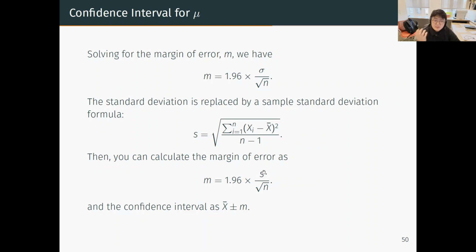The standard deviation can be calculated from the data. The sample size is known, so based on that you calculate the margin and add and subtract the margin from the point estimator. That is what you do when you calculate the confidence interval.